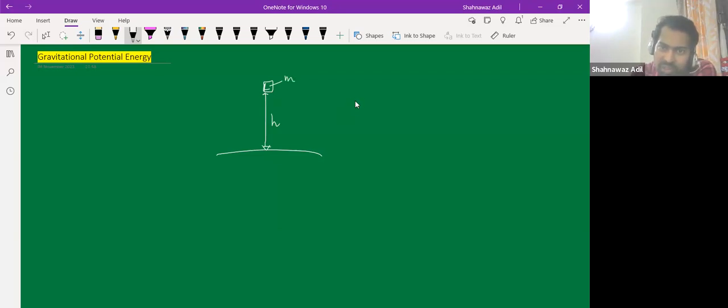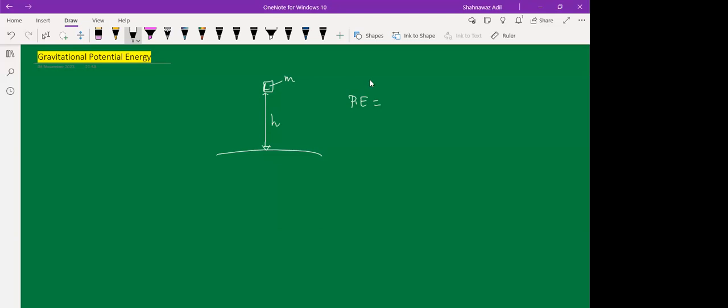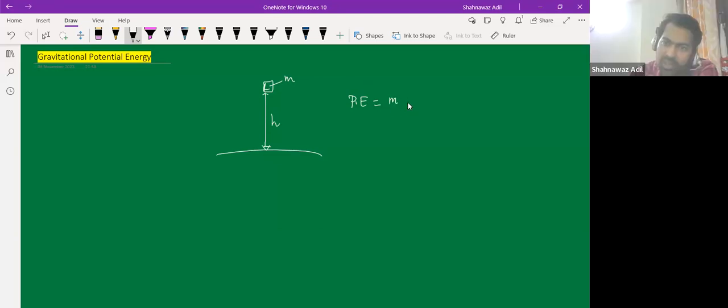What was the potential energy of this object at this height? mgh, right? So that was mgh.